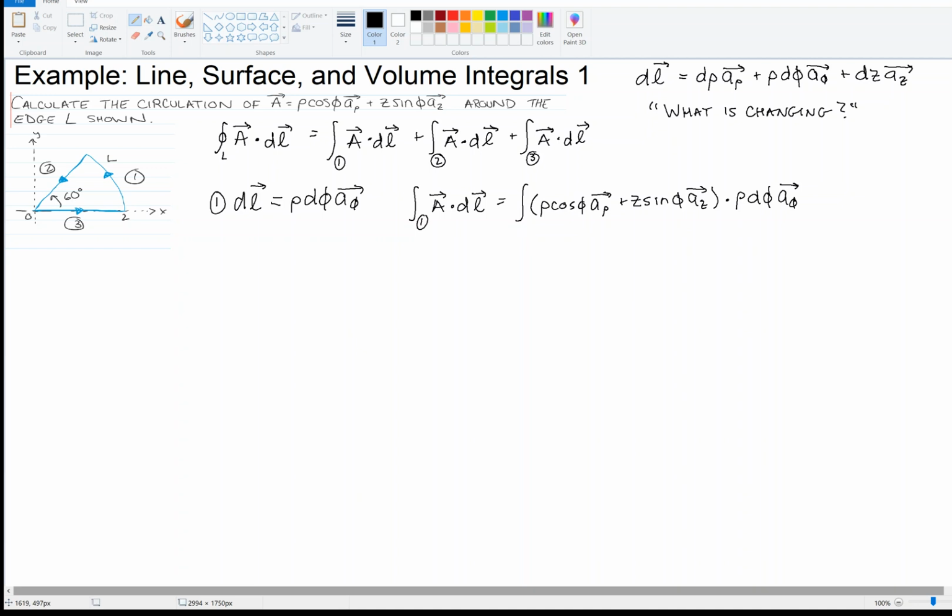And phi is what's changing. We said that phi is going from 0 to 60 degrees, or pi over 3. So I'm going to integrate that from 0 to pi over 3.